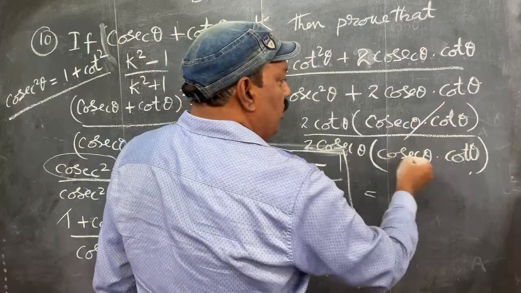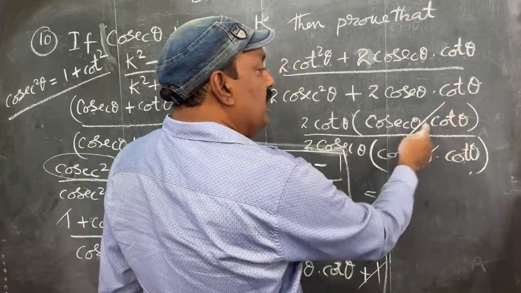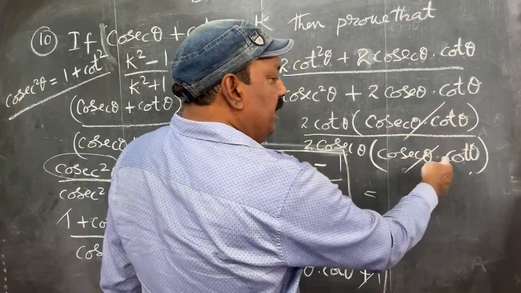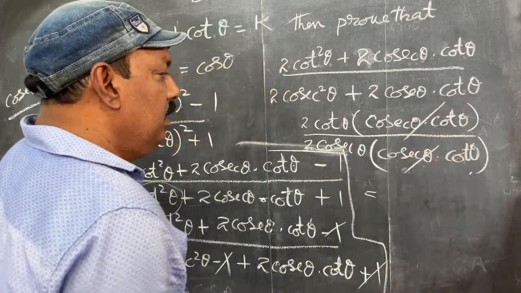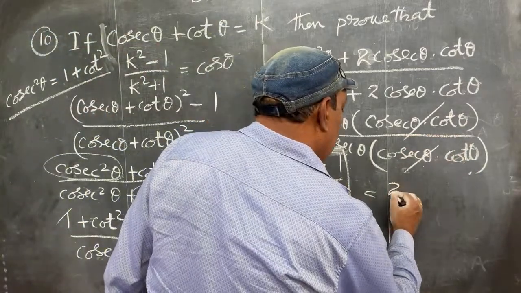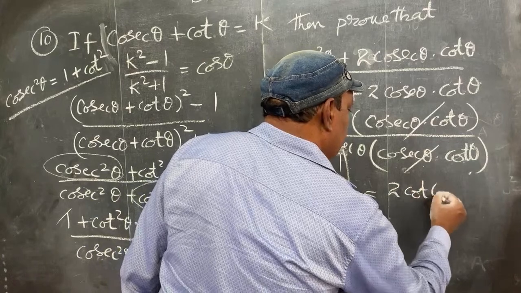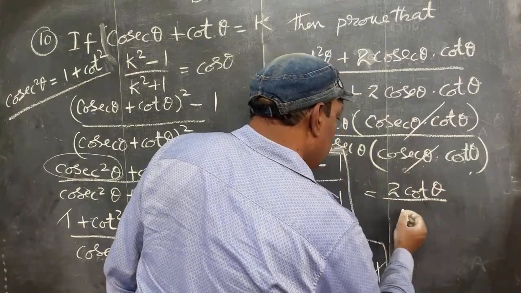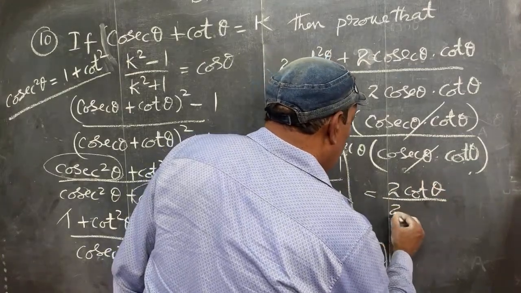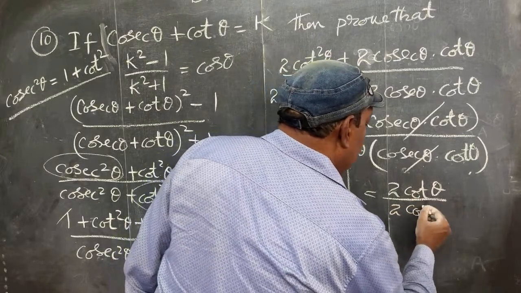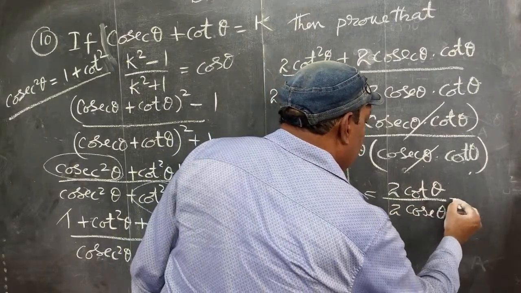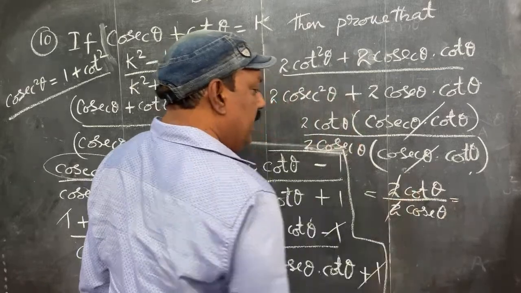Now these both are going to get cancelled. Cosecant theta plus cot theta, cosecant theta plus cot theta going to get cancelled. Left over is 2 cot theta by 2 cosecant theta. The 2 is going to get cancelled.